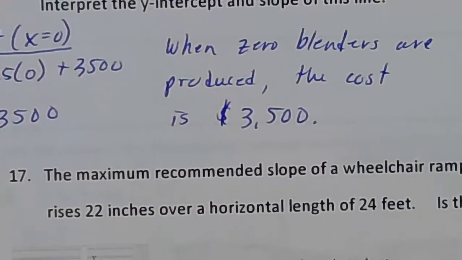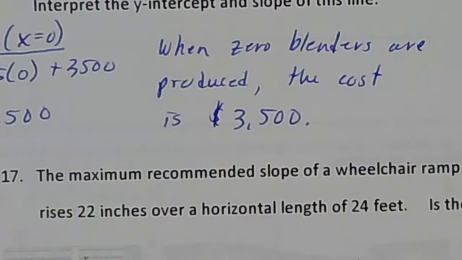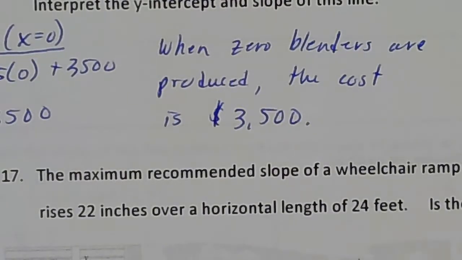Okay? You might be wondering, how do you have a cost when starting? Well, setting up the machines, there's a lot of overhead before you start producing things, and that's what this cost represents. Okay, kind of a startup fee, if you will.